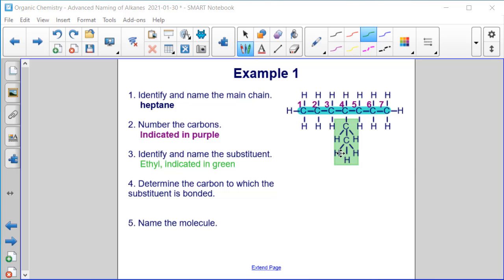Okay, so highlighted here in green is that same ethyl group. Now number 4 is determine the carbon to which the substituent is bonded. So I'm just gonna circle it. We can see it's bonded right here to the carbon 4, okay?